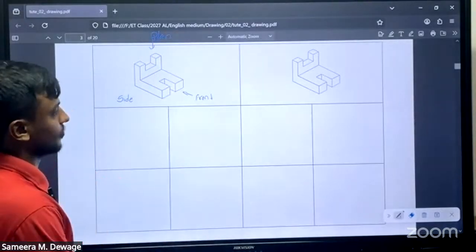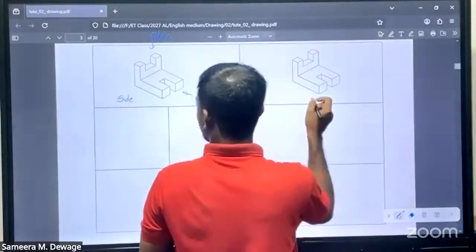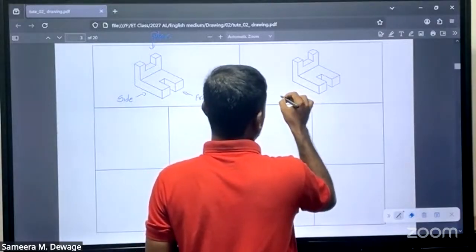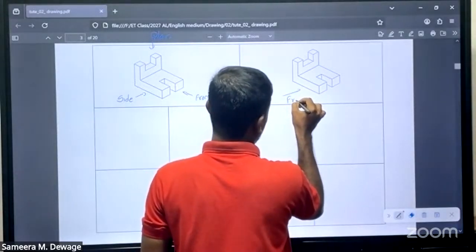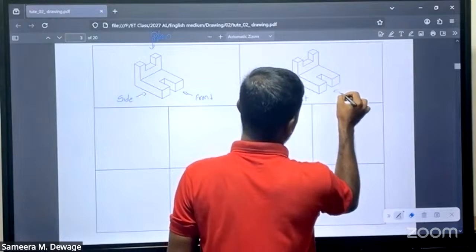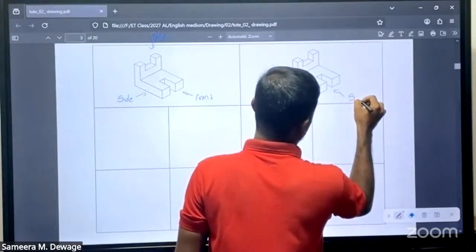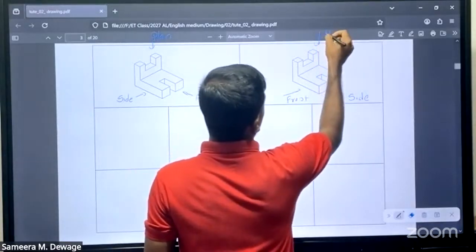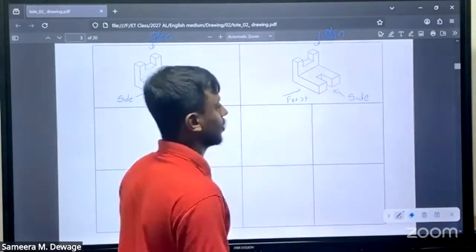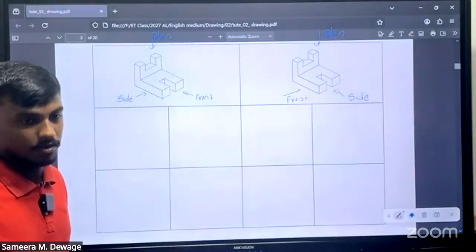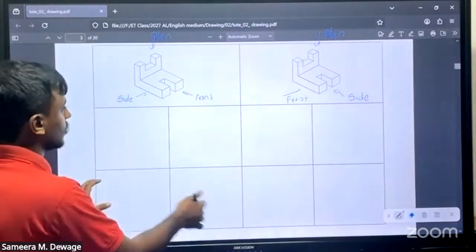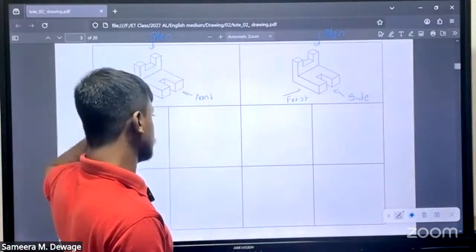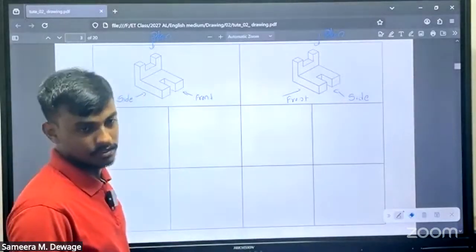Here we change directions, like here our front, and here our side view, and here our plan view. Okay, plan or top view, right? So first you need to complete this part, and after finish this part, you can go for that.